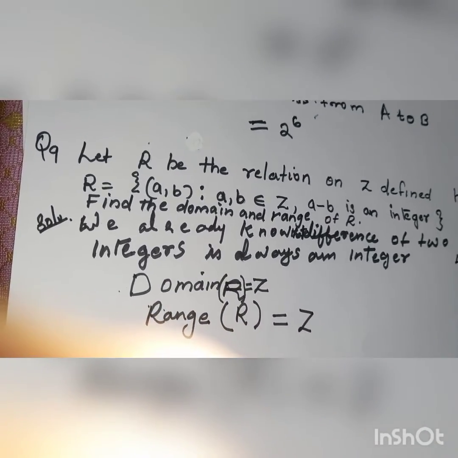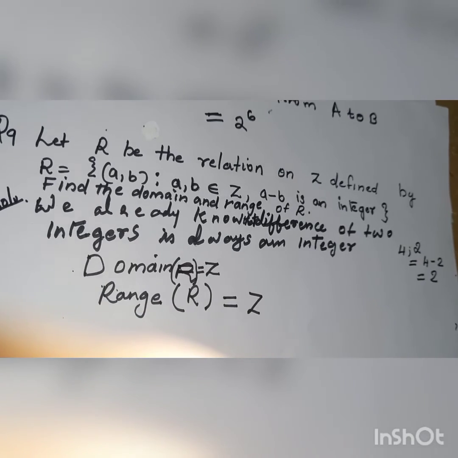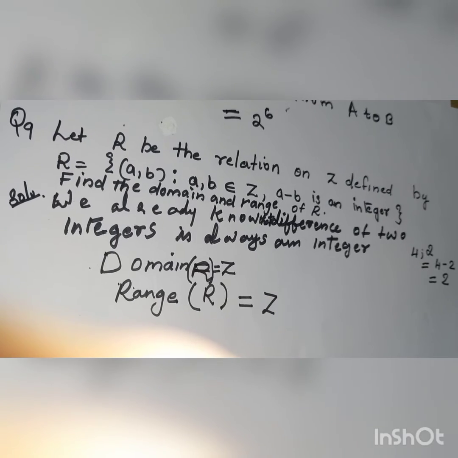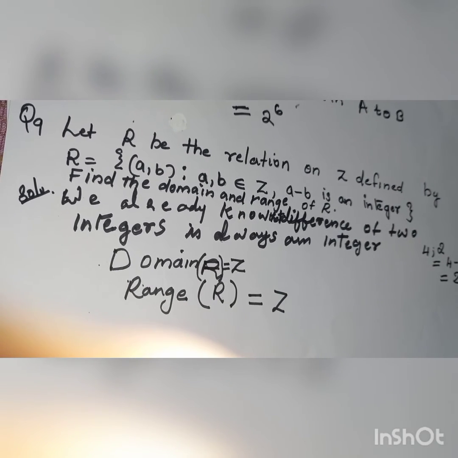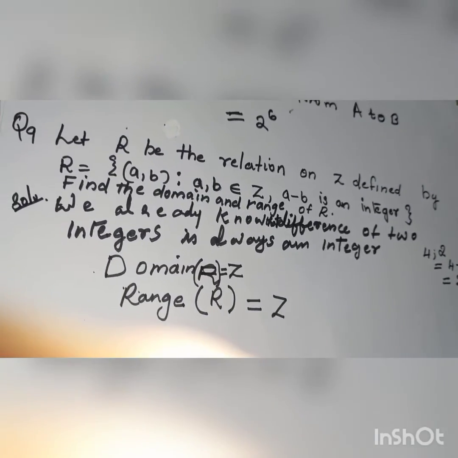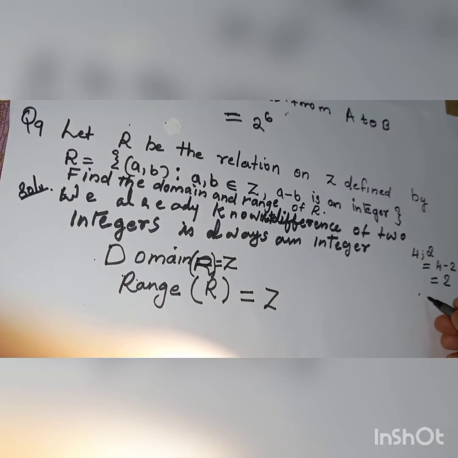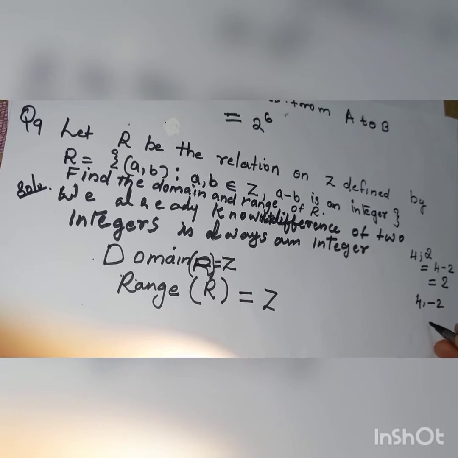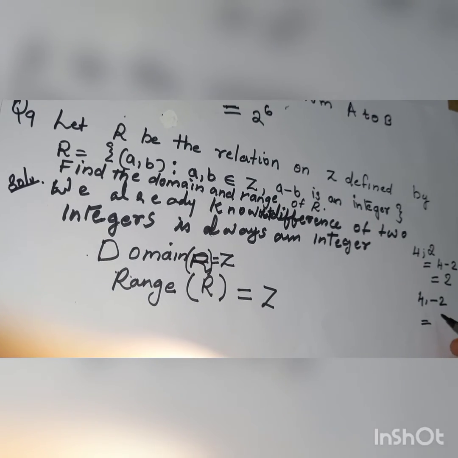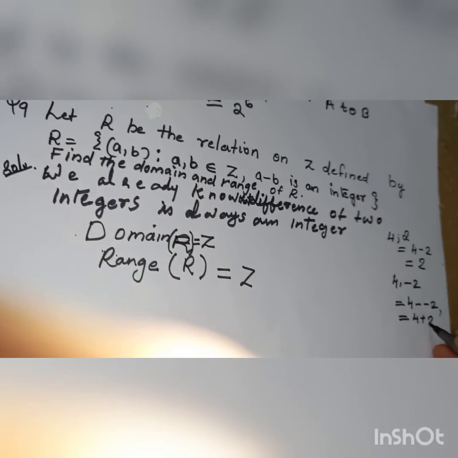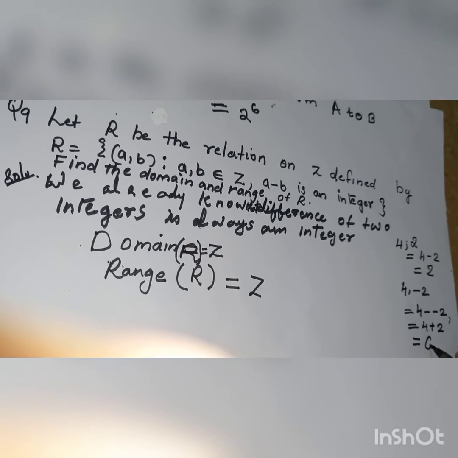Okay, the difference of two integer numbers is always an integer. The difference of two integers is always an integer. For example, if you take 4 and 2. Okay, another example, 4 plus 2 is equal to 6. 6 is also an integer.